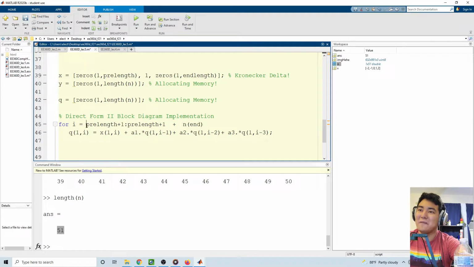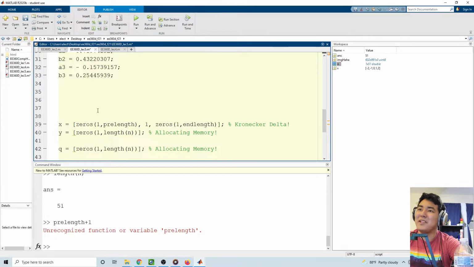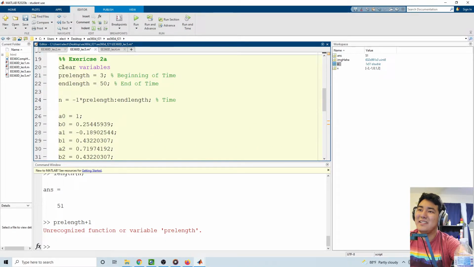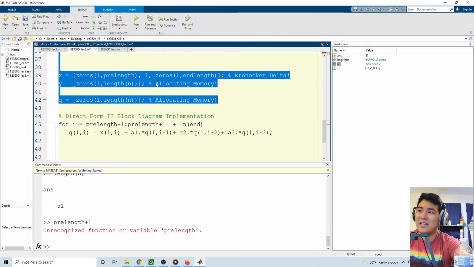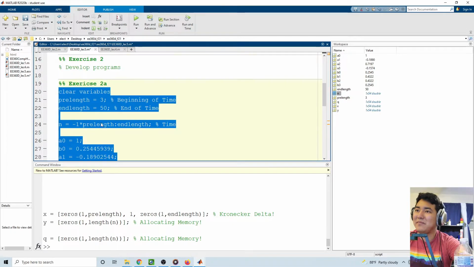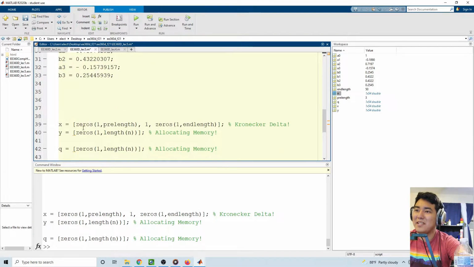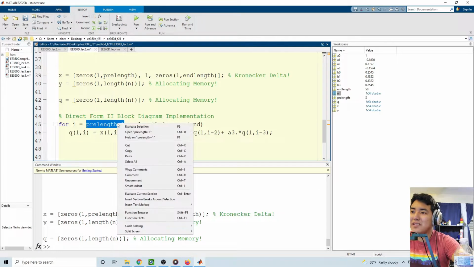So we're actually going from value section. Oh, that's because I did not. Let me just run all that. F9. And now we have that in memory. Did we clear variables? Yes, we did. Let's run this, F9.